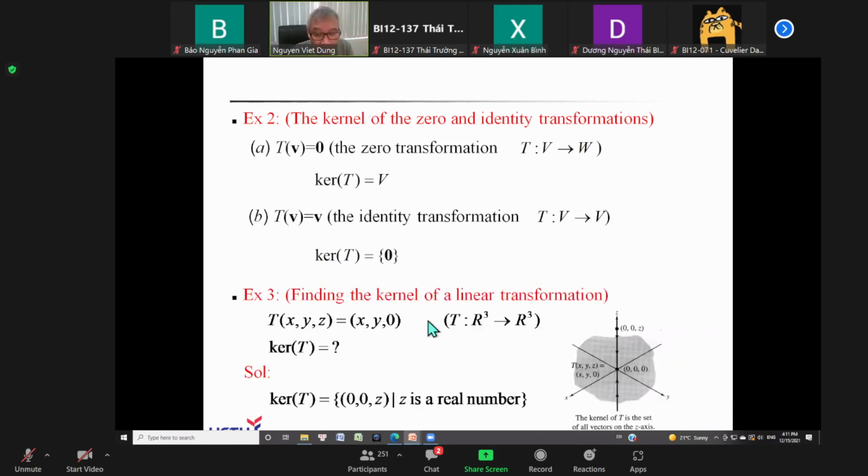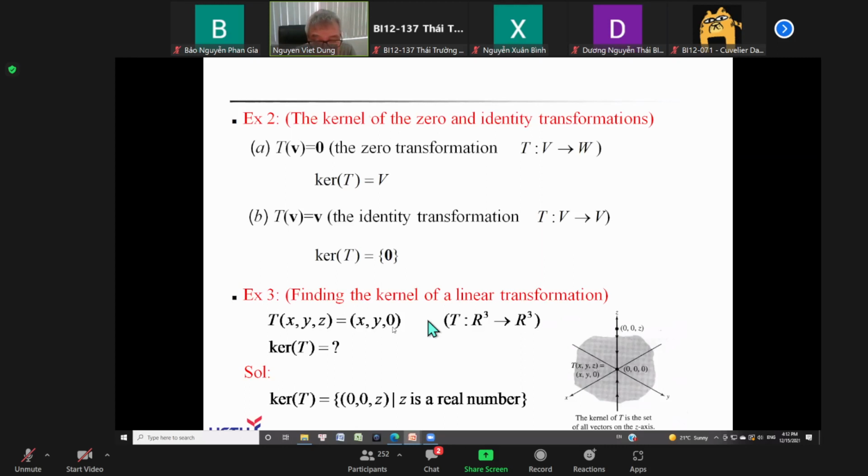Now we look at a non-trivial example. Now we consider once again the projection of the R3 space onto the XY plane. It is given by the map like that. XYZ is sent to XY0.